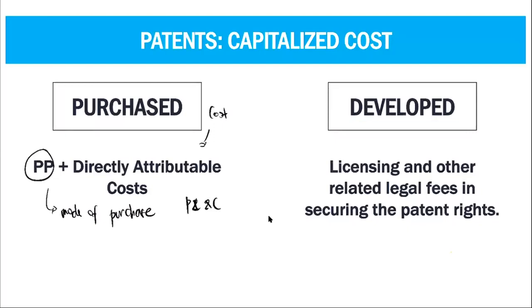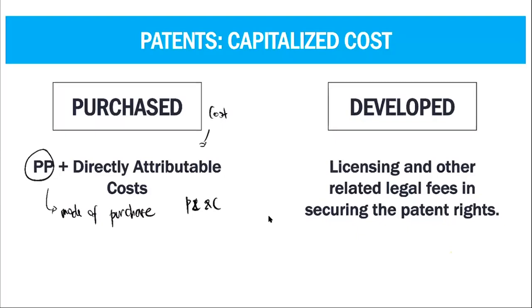Therefore, always ask yourself, if ever you are confronted with directly attributable costs, is this necessary for the present location and condition of my patent, of my copyright, of my trademark, so that you will include it or not. So use your judgment for your present location and condition costs, or your necessary costs, or your directly attributable costs.